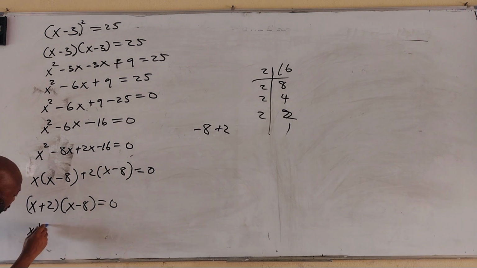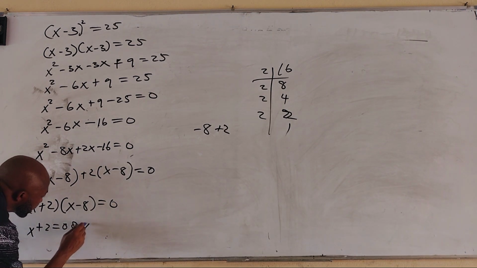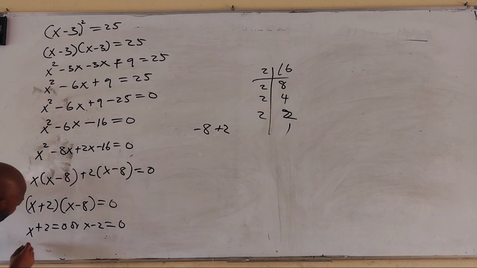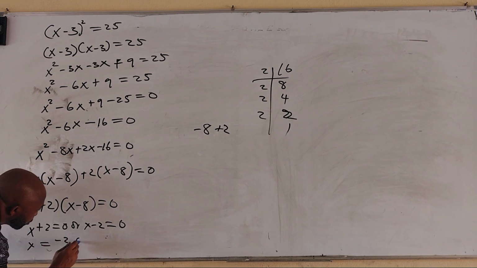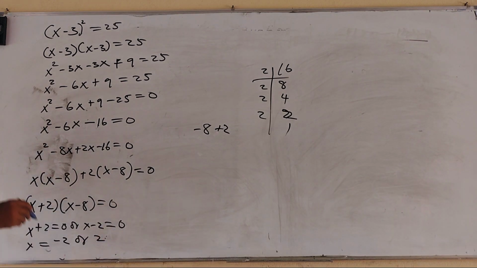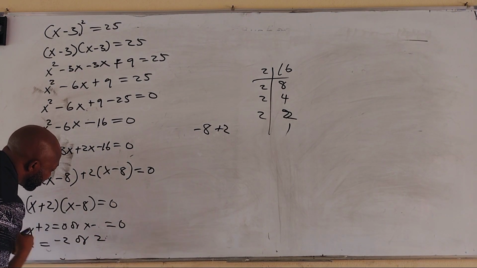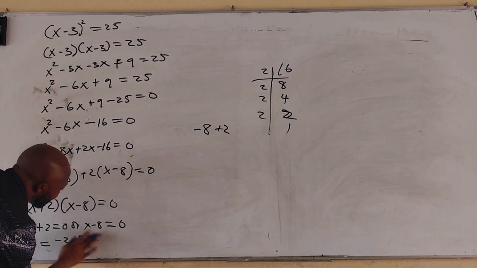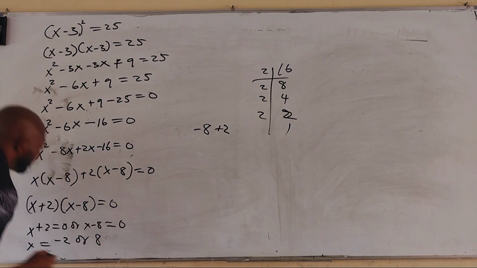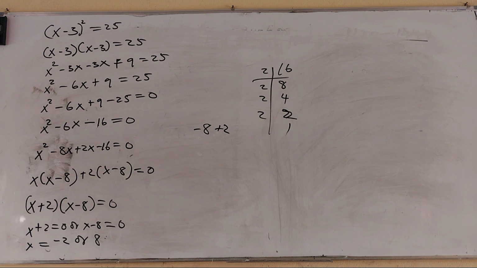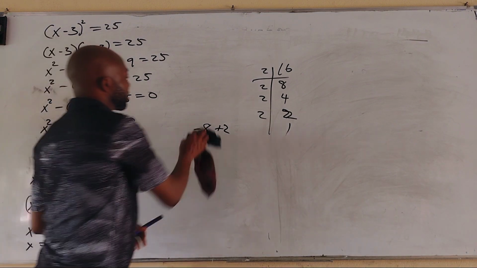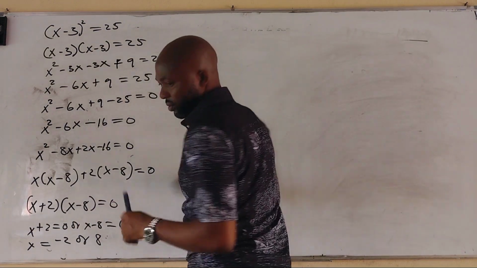So x plus 2 equals to 0, or x minus 8 equals to 0. X is equals to minus 2 or 8. Trying to economize the board so that I can use my formula method here too.